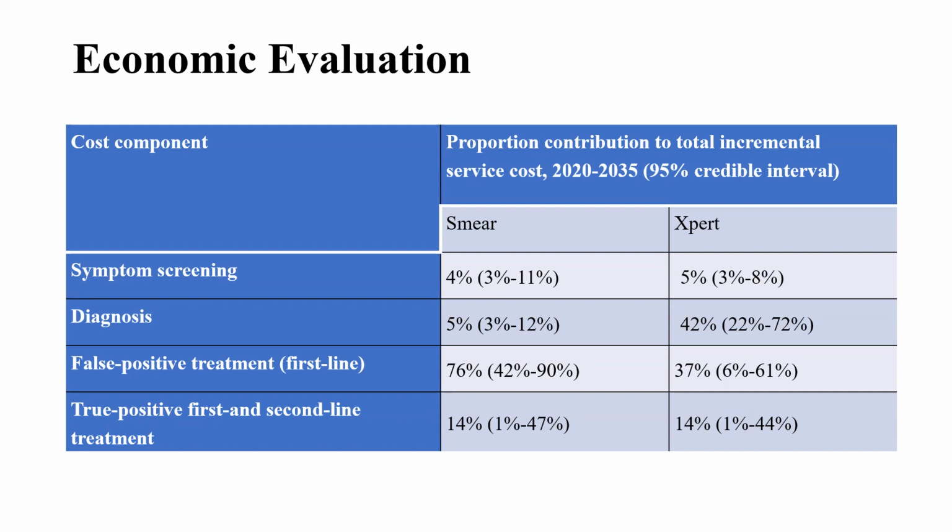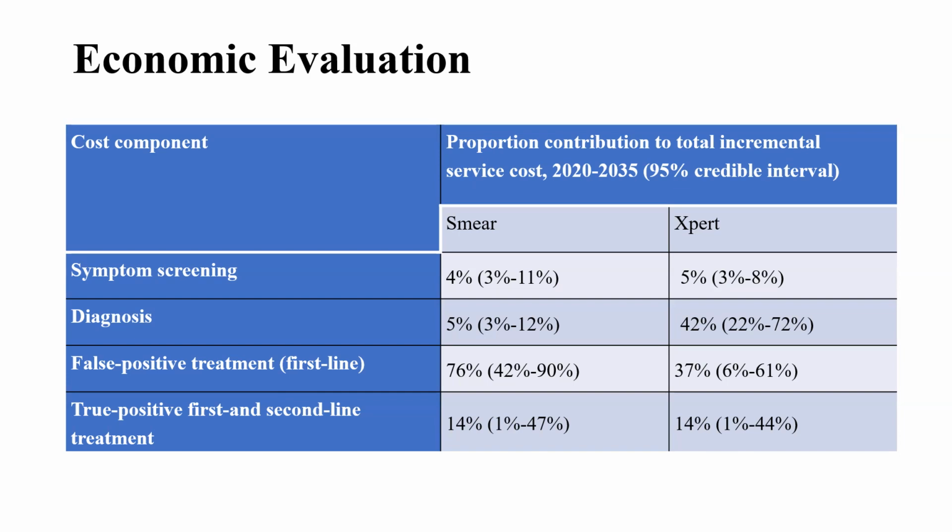Implementation of active case finding was expected to substantially reduce the utilization of passive services, and ultimately this impacted the overall incremental cost. This study concentrated mostly on the cost of diagnosis and treatment in the public sector, and excluded the private sector.